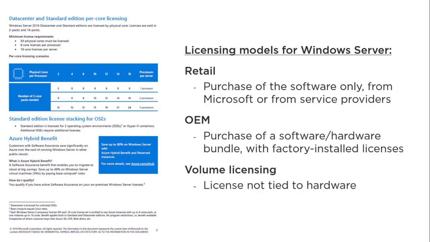The second model is called OEM. OEM is a software and hardware bundle. When you go for OEM, you always purchase a server with hardware and software with factory installed licensing, because an OEM license is never installed on any hardware except the original hardware.